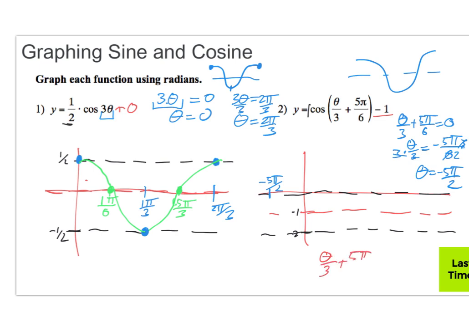We got to set this equal to 2 pi. And because this is in sixths, I'm going to multiply this by 6 over 6. And that's going to make this 12 pi over 6, just to make that a little bit easier for us. So when I subtract, we end up getting theta over 3 is going to be 7 pi over 6. We multiply by 3, we get theta is equal to 7 pi over 2.